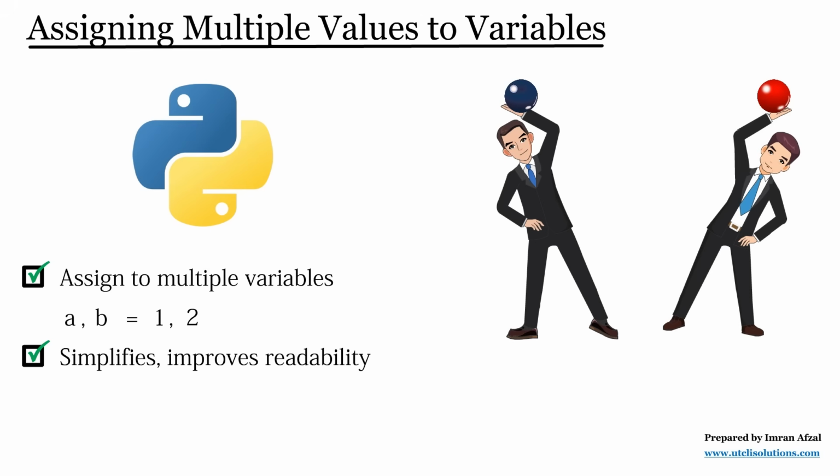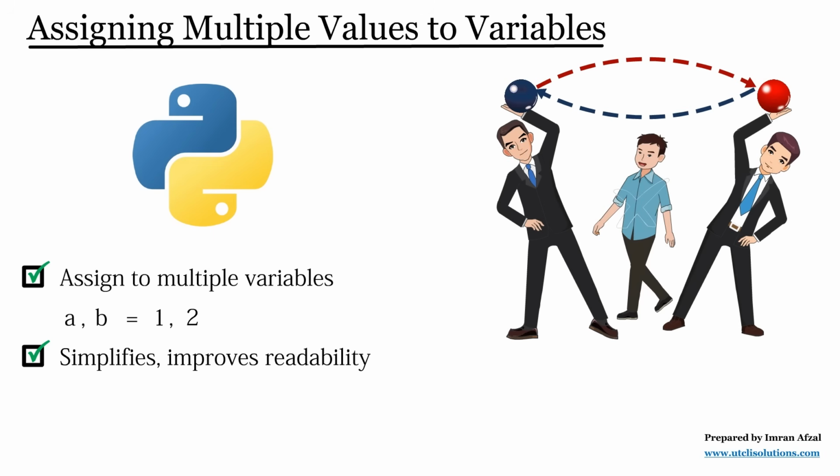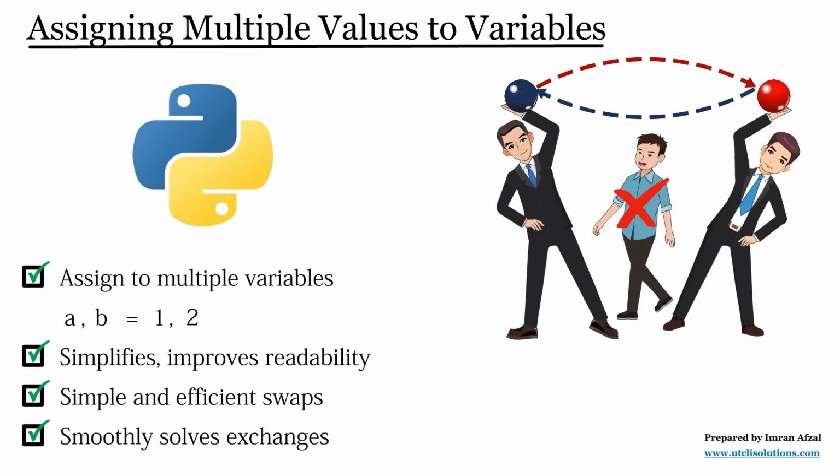In Python, this swapping happens instantly without needing a third person to hold one of the balls temporarily. This simplicity makes Python swaps quick and efficient, like solving a real life exchange in one smooth action. Okay, when assigning multiple values to variables, each variable is assigned a specific value based on its position.